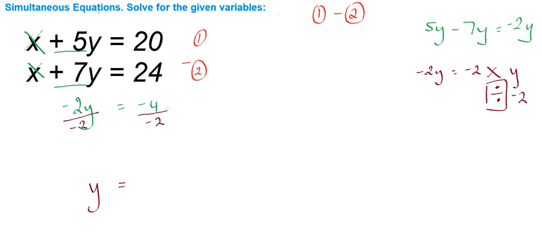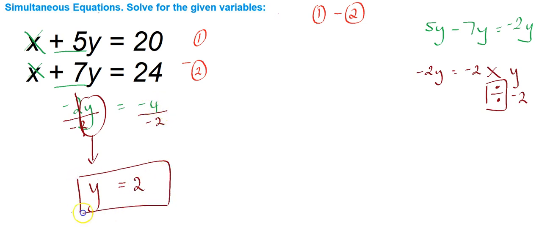It looks like that. Multiplied by minus 2, divided by minus 2, cancels each other out. I'm left with y, which is exactly what I need. Minus 4 divided by minus 2. Remember, negative divided by negative equals a positive. So negative 4 divided by negative 2 is 2. Okay, so now I know the value of y.